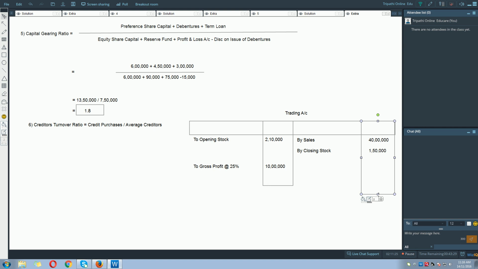So let us calculate credit purchase first. So for that we need to prepare actually trading account. So let me prepare a small trading account.